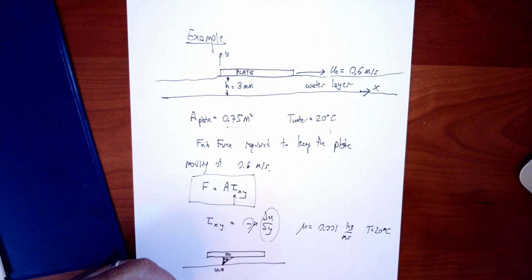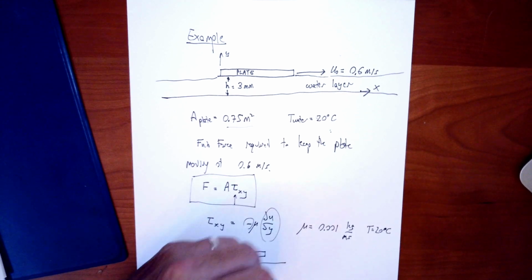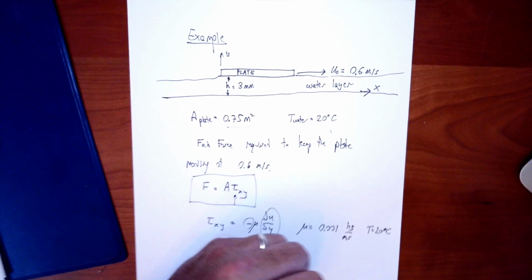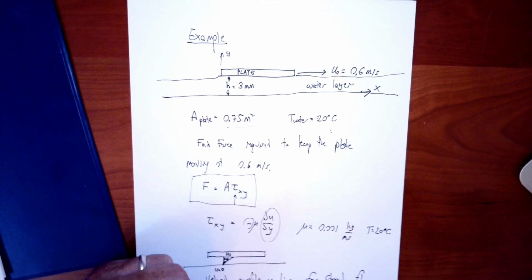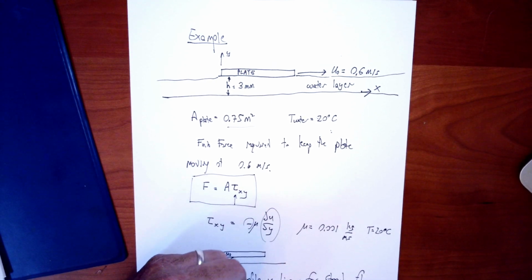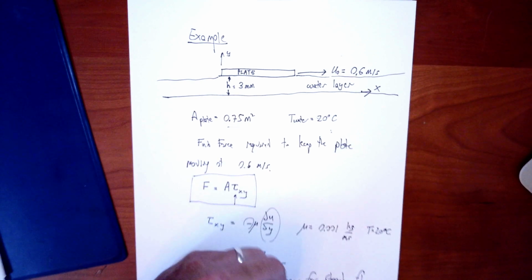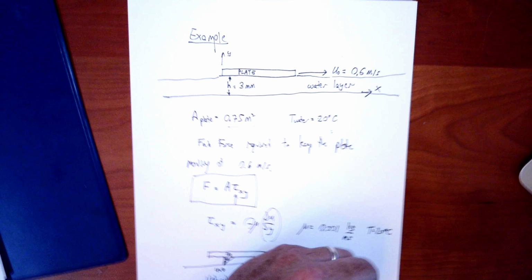So the velocity profile is linear for steady flow between plates. Well, I should say between one moving and one stationary plate.